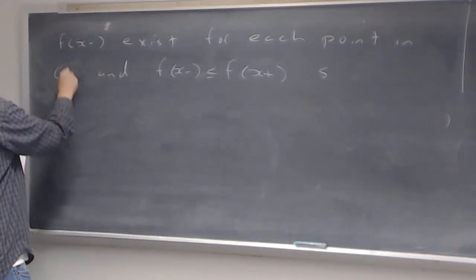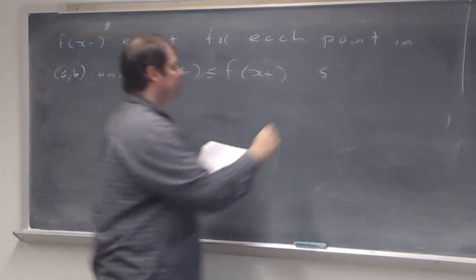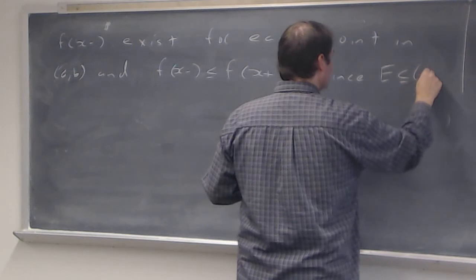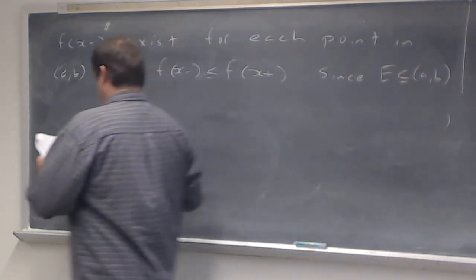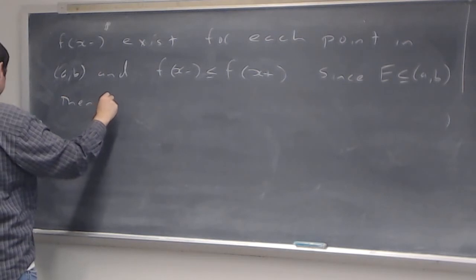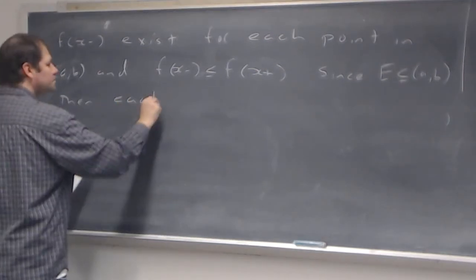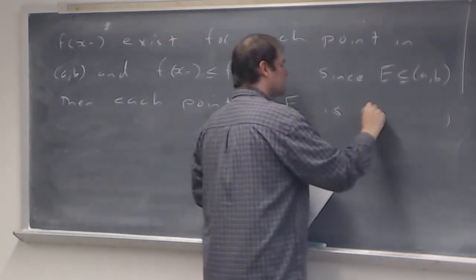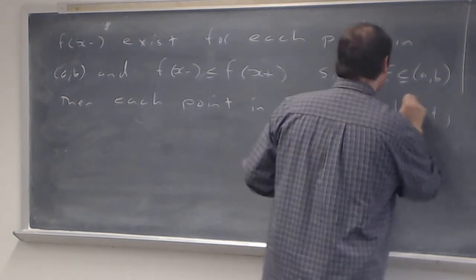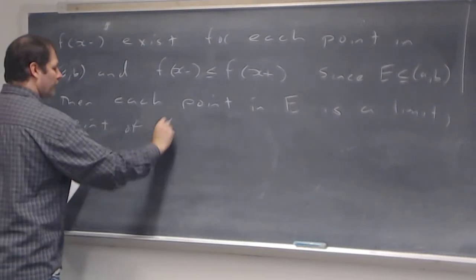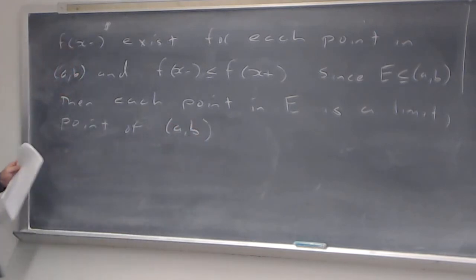Since E is a subset of a to b, each point in E is a limit point of a to b.